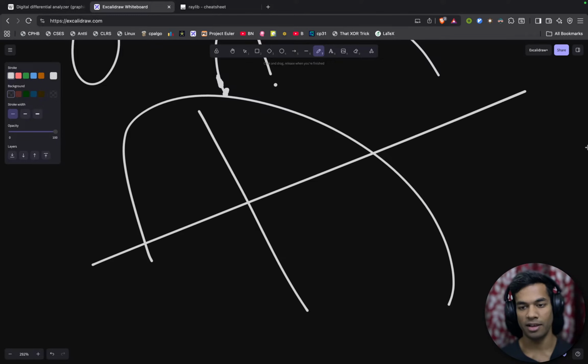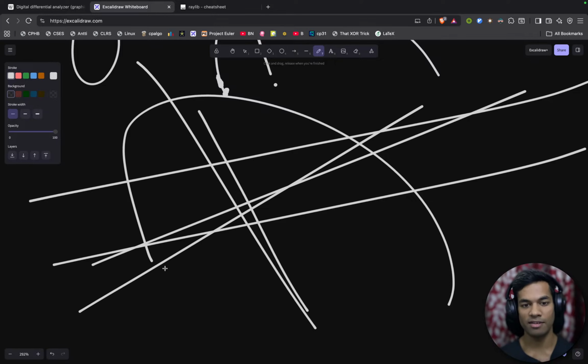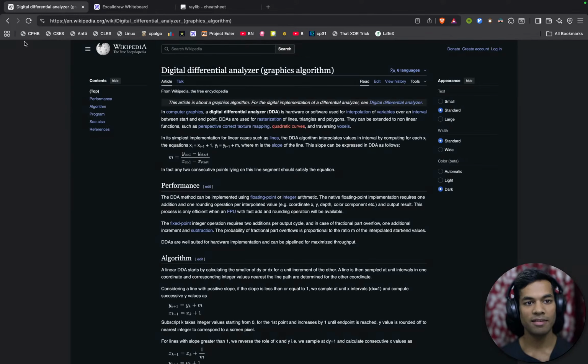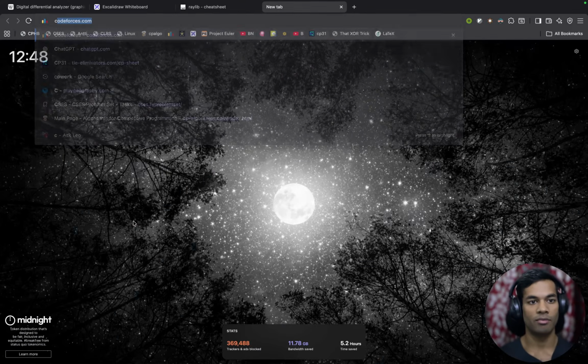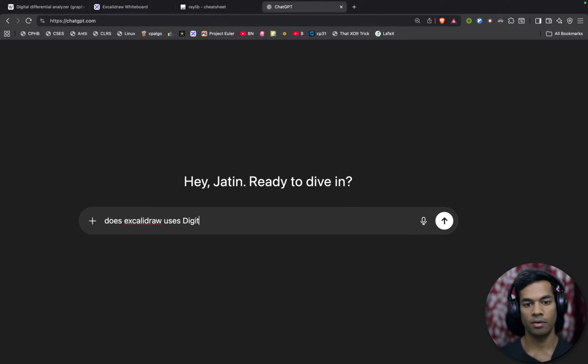There is nothing missing in the middle. So Raylib, this Excalibur, is doing some crazy stuff behind the back, and I guess it is also using a digital differential analyzer library. We can also check.